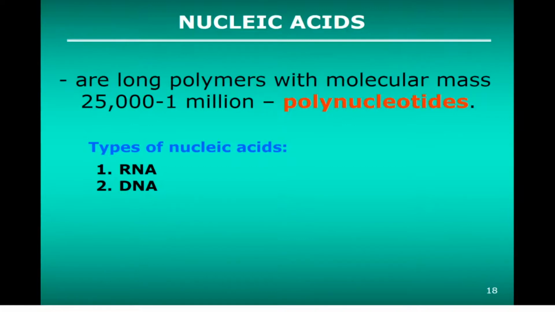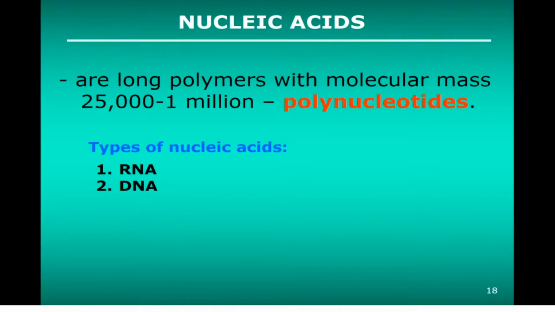We know that polymeric compounds have higher molecular weights, all of them higher than 5,000. But here it is 25,000 and higher. 1 million, it's normal to have such a molecular weight. So according to their structure, they are polynucleotides.